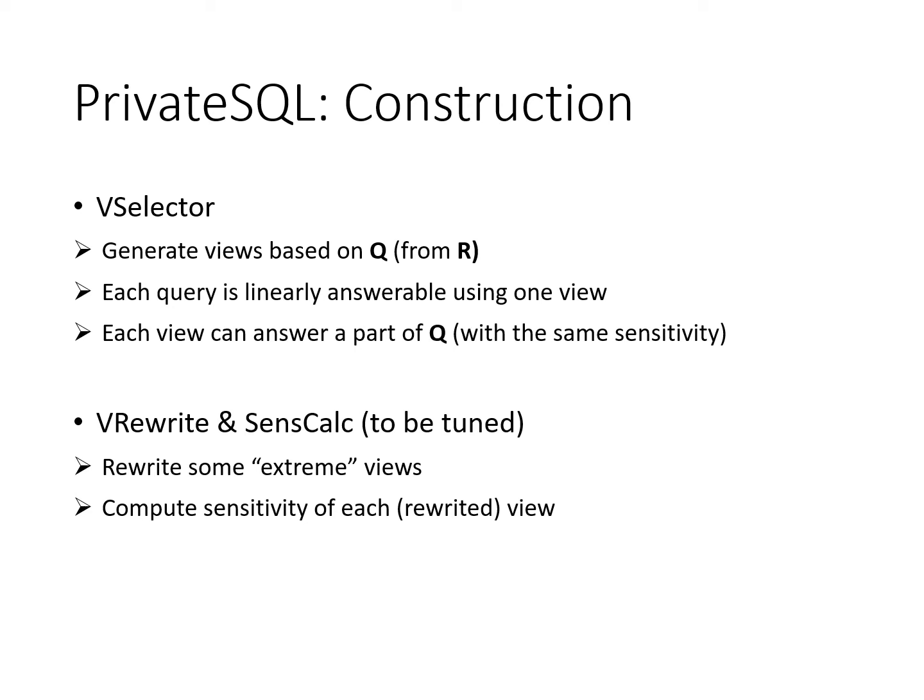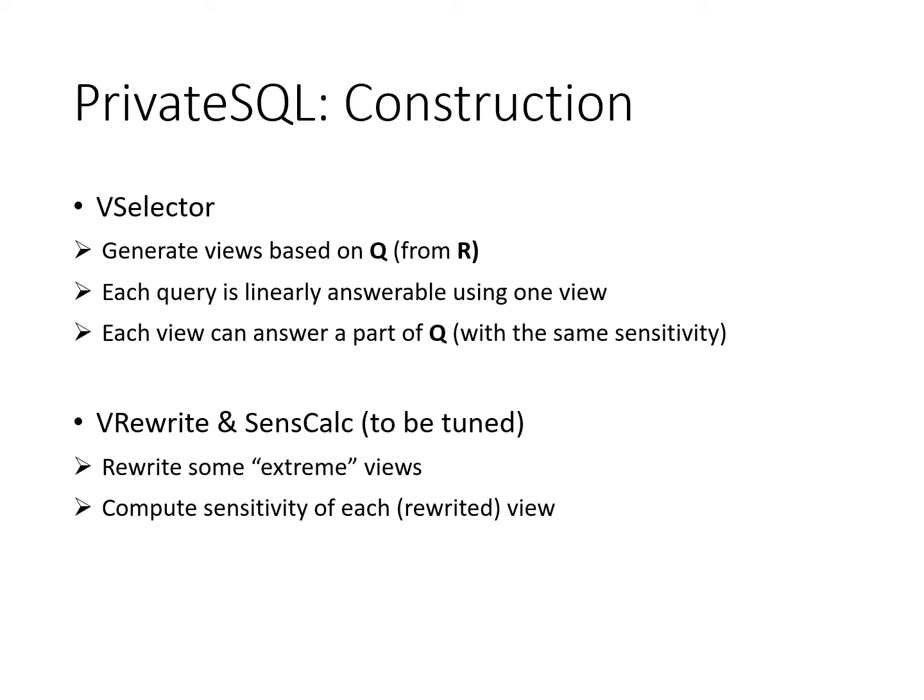For the view selector module, it generates multiple views based on the query workload Q and the base relations R. Each query in the workload is linearly answerable using one view. Linearly answerable means that a query can be answered without additional complex operations like joins.